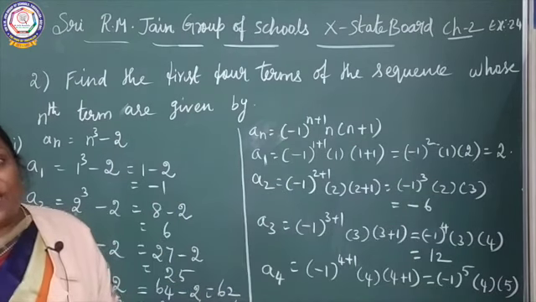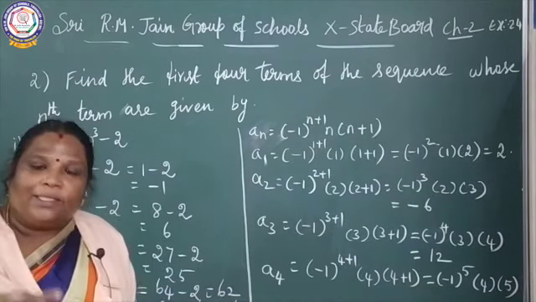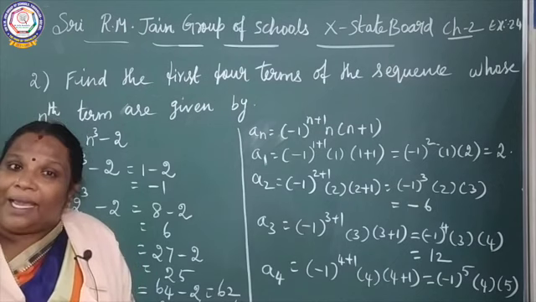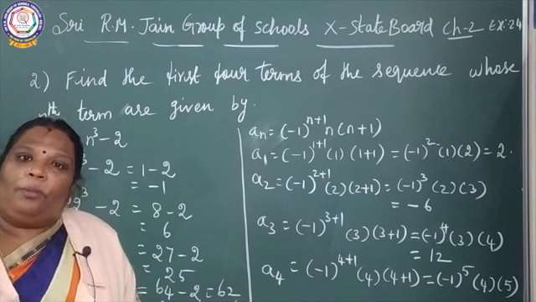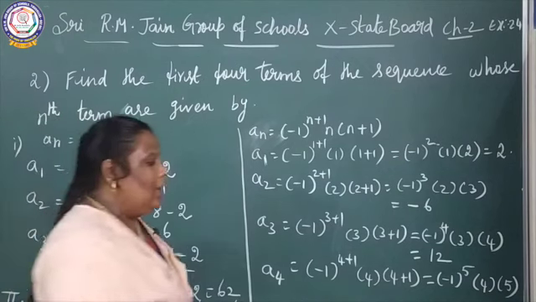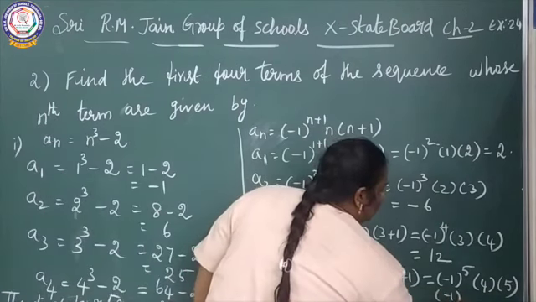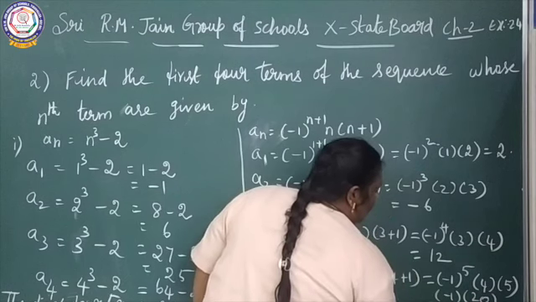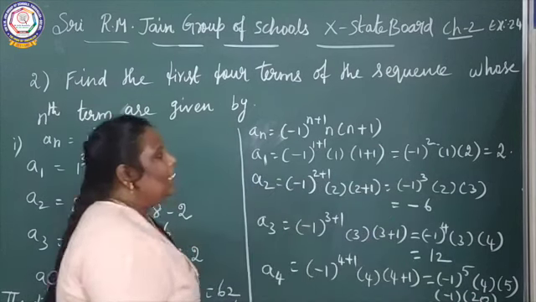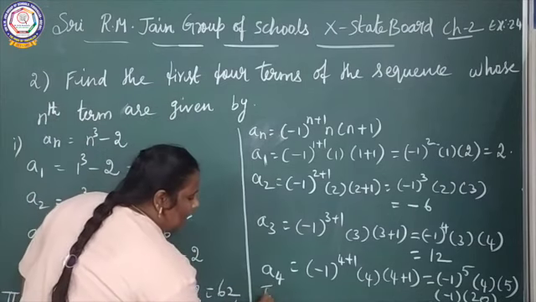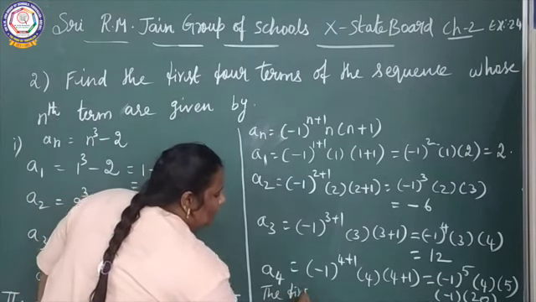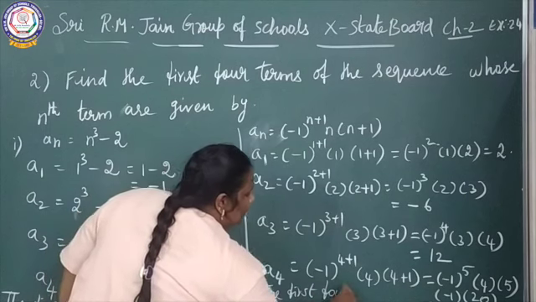So, the power is in a odd number. So, minus 1 whole power 5 gives what? Negative. Minus 1 whole power 5 is minus 1. Minus 1 into 20. It gives what? Minus 20.